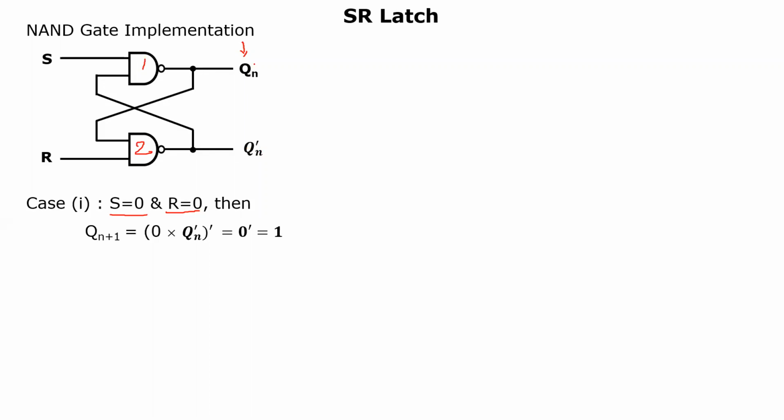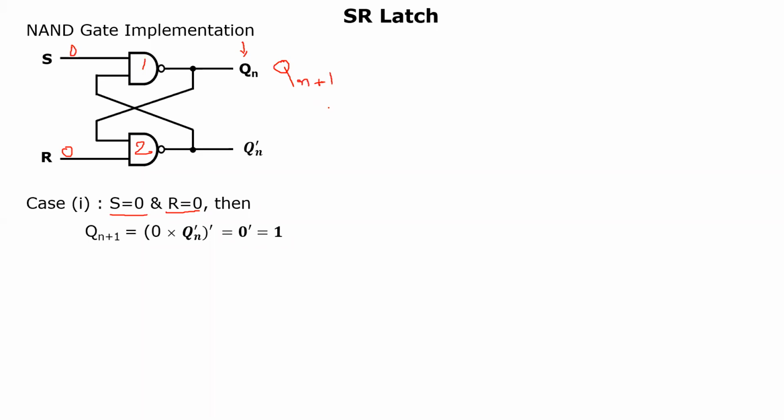You just have one in original form and the second in complementary form. These two are available with us. Now here it is 0 and here it is also 0. Now you are expected to identify the next state. Next state, in the sense, right now it is n, so the next state will be Qn plus 1.